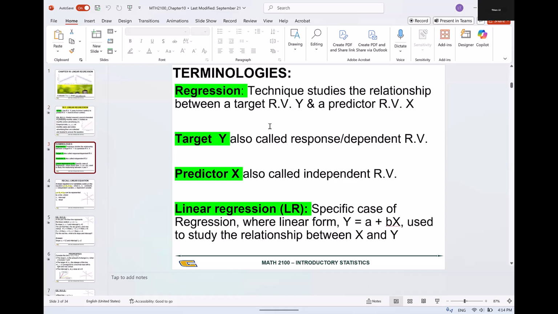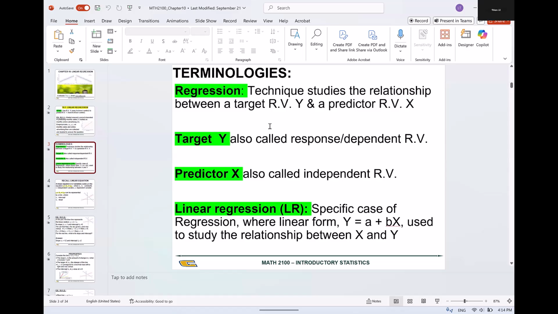So here are some terminologies we need to know when we study linear regression. Regression is a technique that helps us study the relationship between a target random variable Y and a predictor random variable X. We can make it more complicated, but at our level, just think of the simple scenario: you have a target Y and a predictor X, and you want to study the relationship between the two.